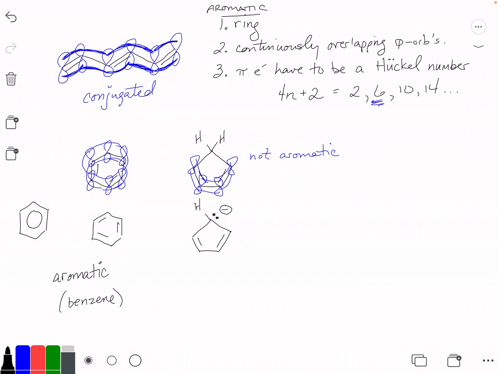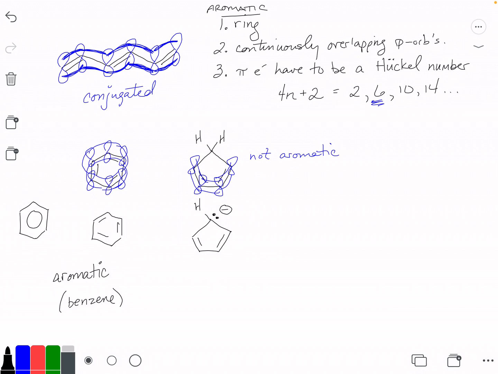And now we want to say, well, is this thing aromatic, right? Well, I don't know. Let's look at the criteria. 1, ring-shaped, yes. 2, do we have a continuously overlapping set of p orbitals? Now we need to think about this a little more carefully, and it relates to some of the discussions in the previous chapter about conjugation.